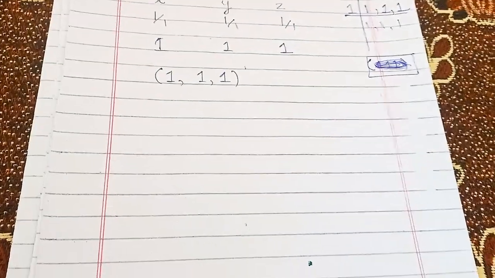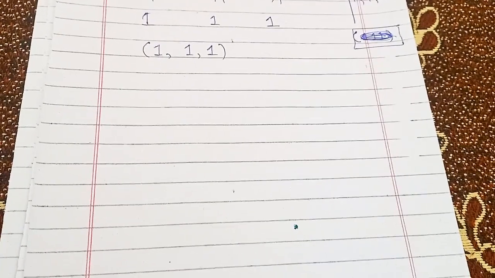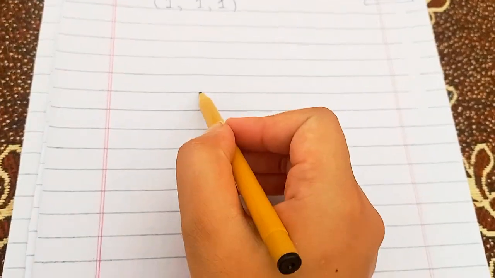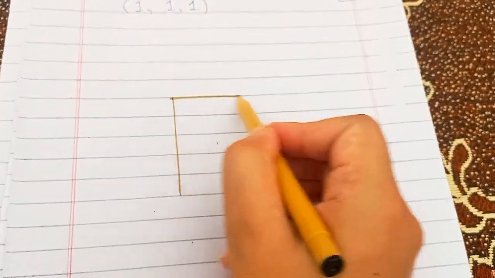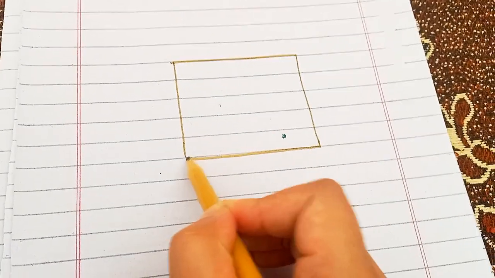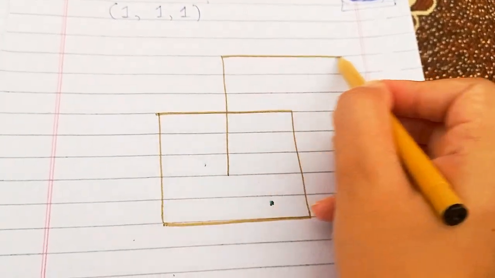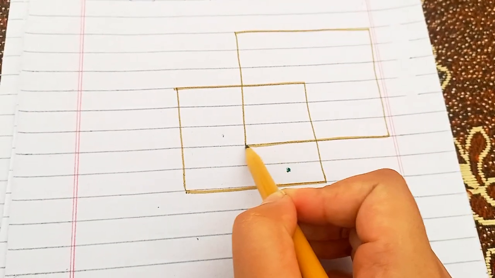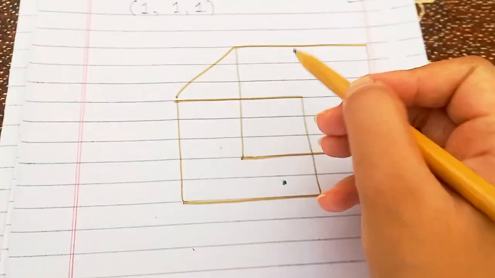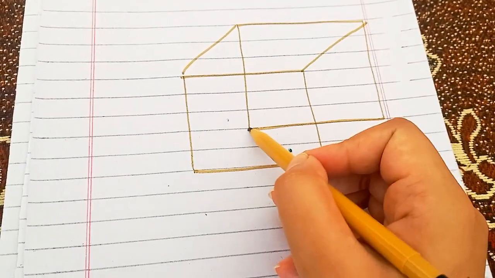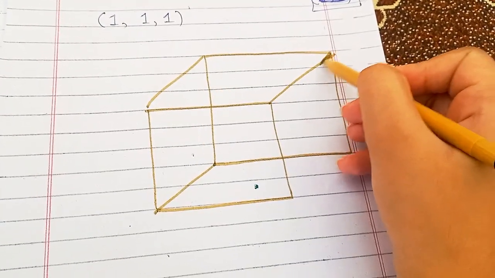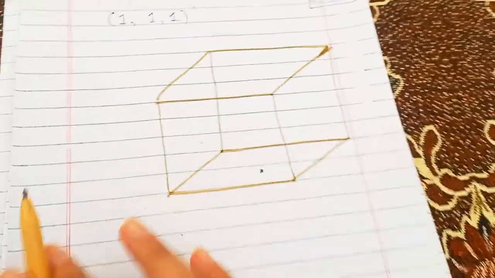Now let's draw it. For that purpose, we'll draw the simple cubic structure first, and we don't need to draw all the atoms. We'll only draw those atoms which potentially lie on the line, because drawing all of them is not needed and will just complicate the drawing.